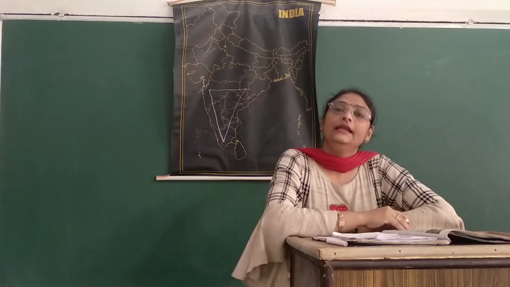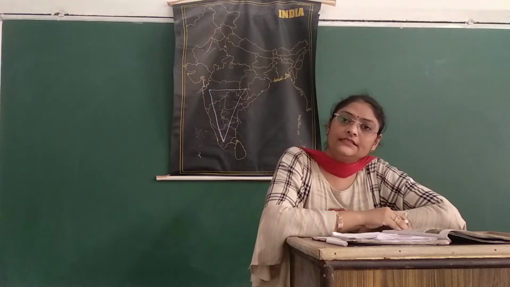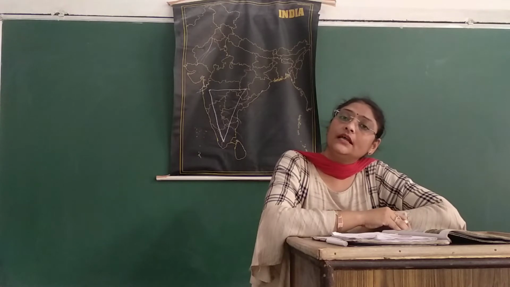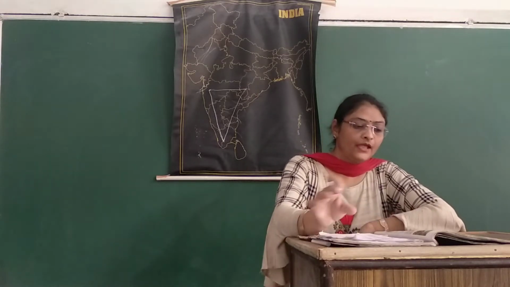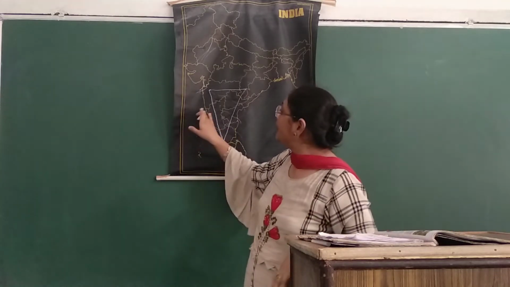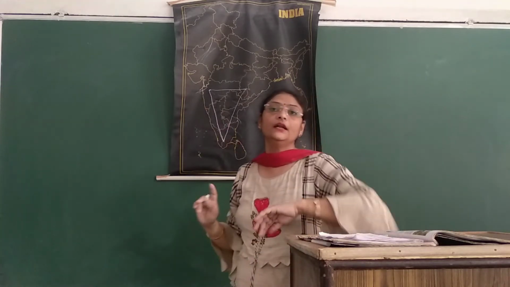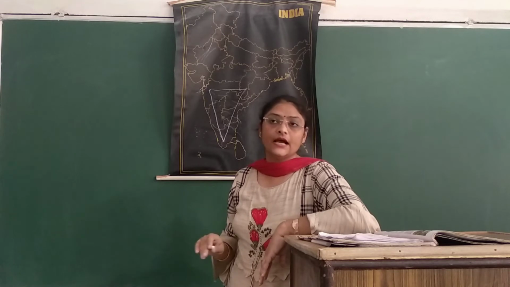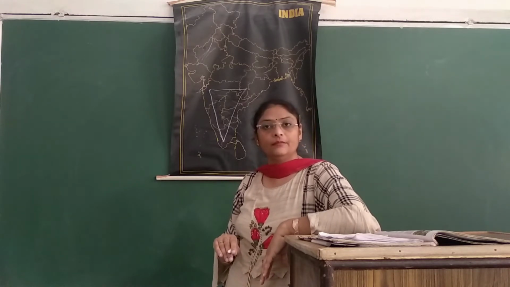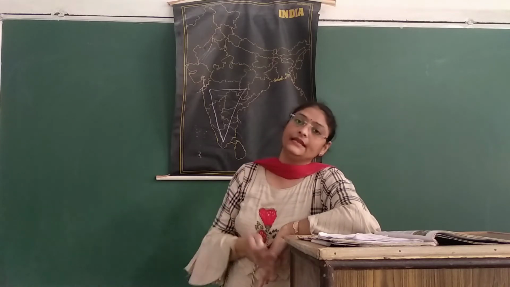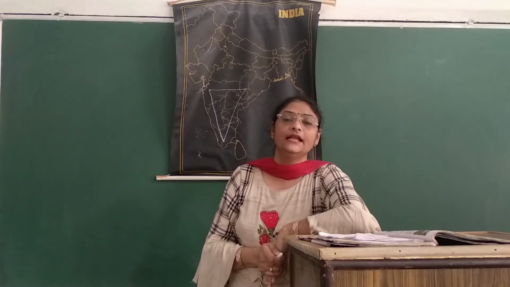Now the next physical division is the coastal plains. Coastal plain means the area which is nearby the sea or the water bodies or ocean, that area is known as the coastal areas.